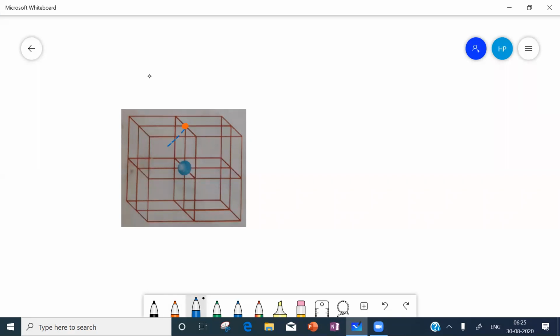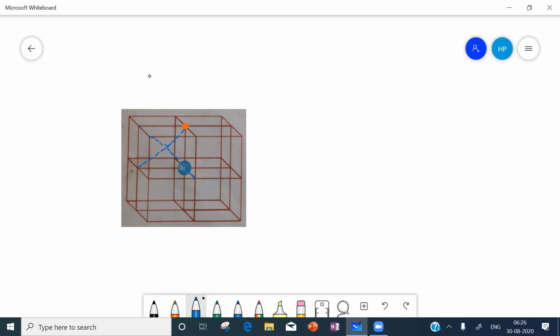From the center of the small cube, we will go to the front face center, then to the left side face center, then to the corner.